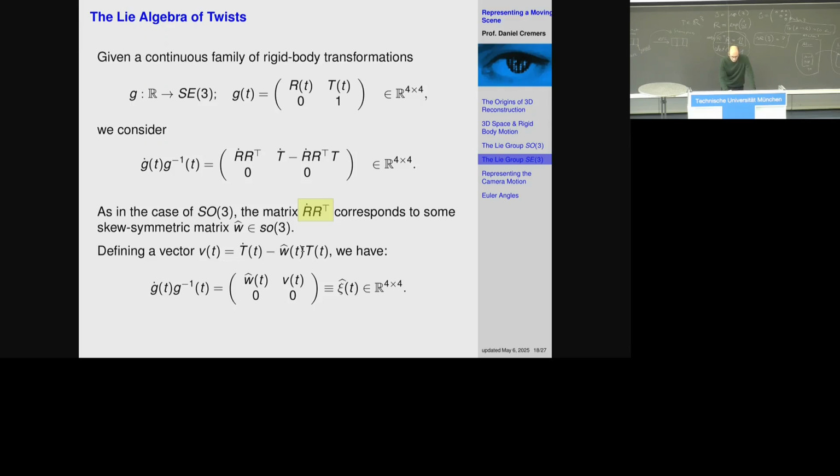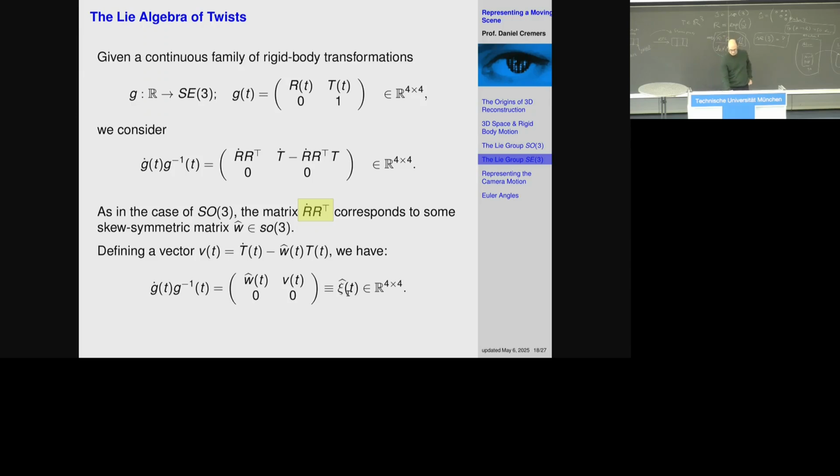Right, so this is some vector in R3. And so in other words, we showed that this G dot G inverse has the form W hat with a skew-symmetric matrix and some vector, 3D vector.